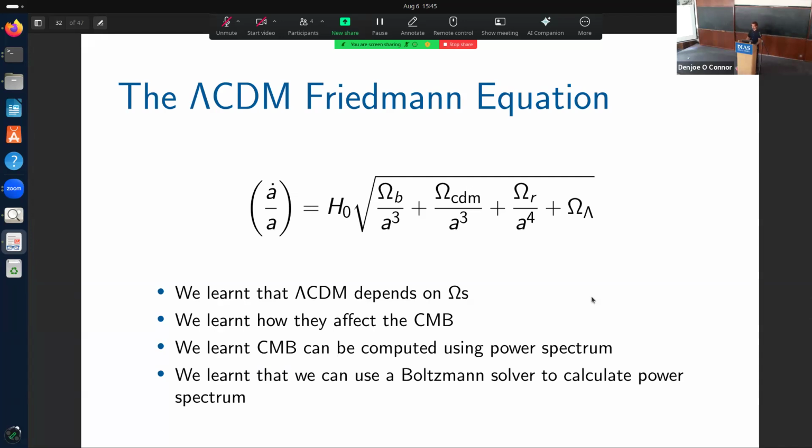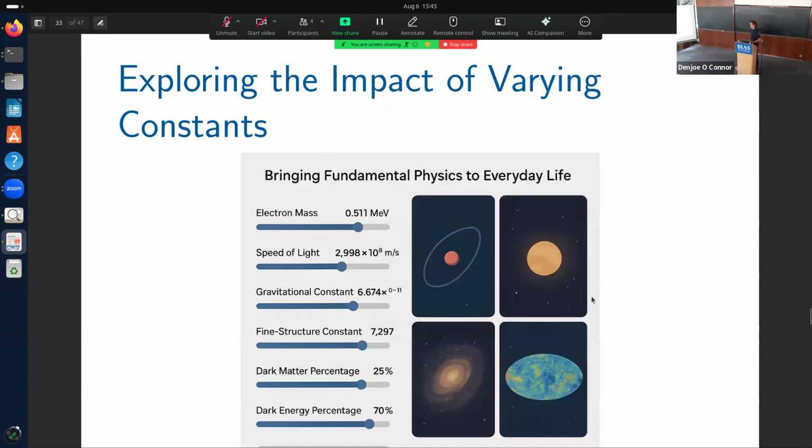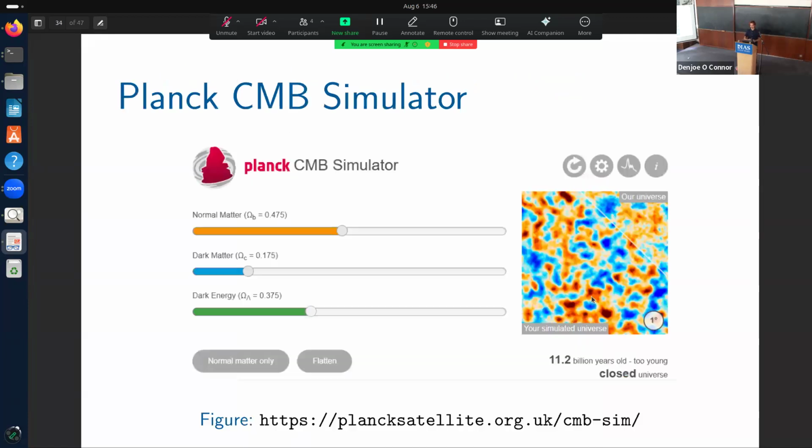So now we're going back to this project, and we know a lot about the CMB. What we're going to do is change the CMB by varying dark energy, dark matter, baryonic matter, and radiation. Now, has this been done before? Yes, it has been done before.